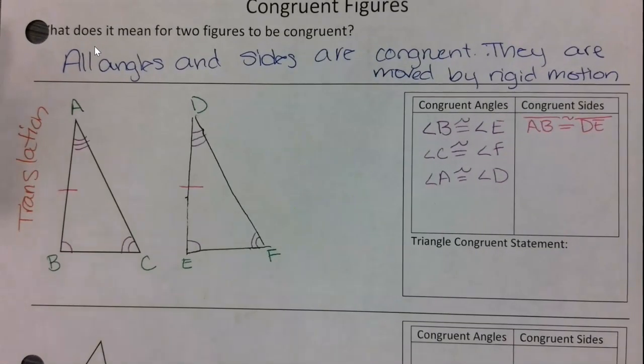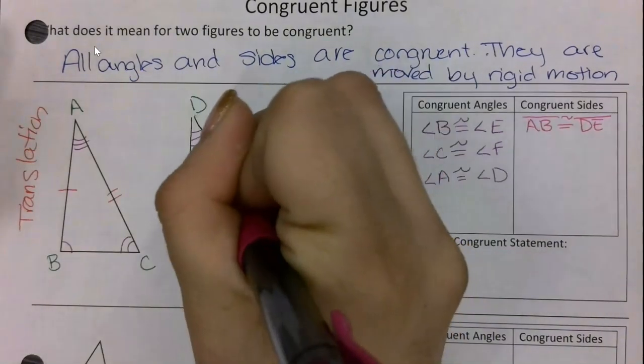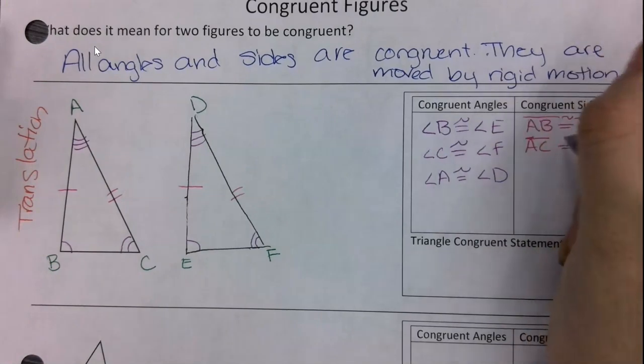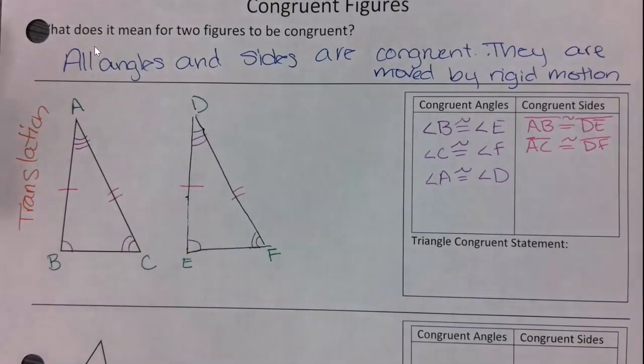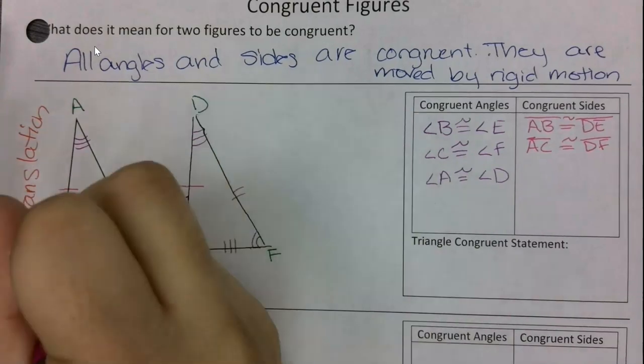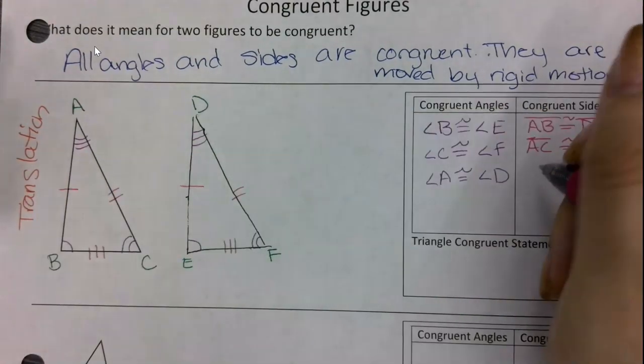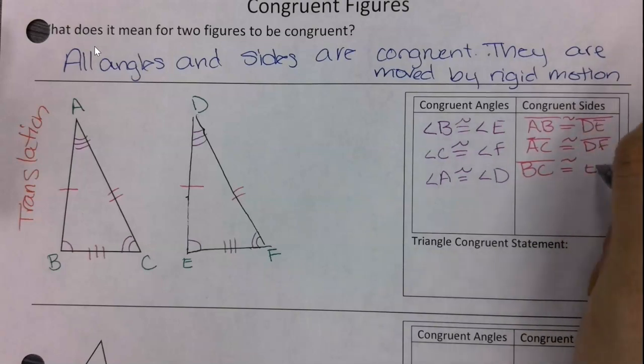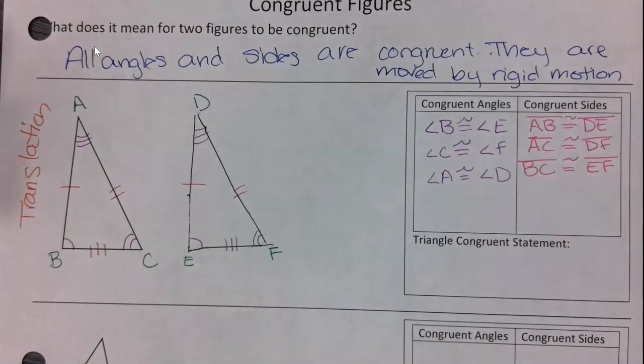F and D and... Okay. And what else? Okay, so then all my sides and all my angles are congruent in this picture.